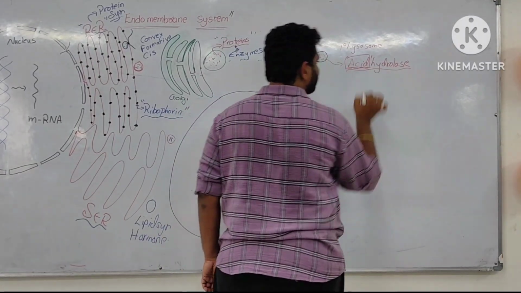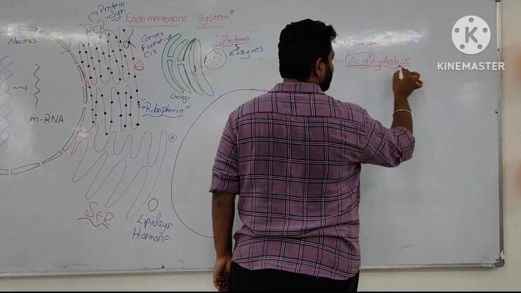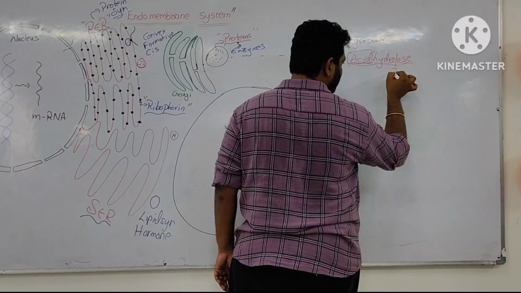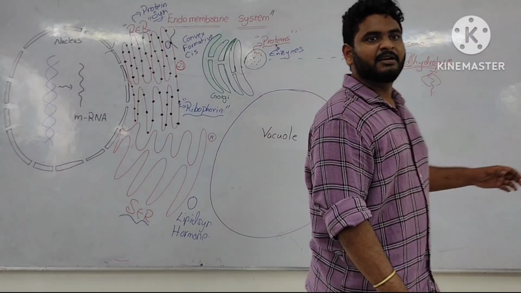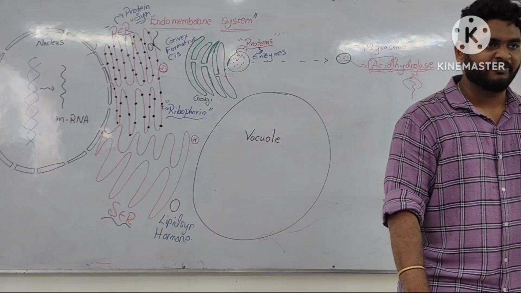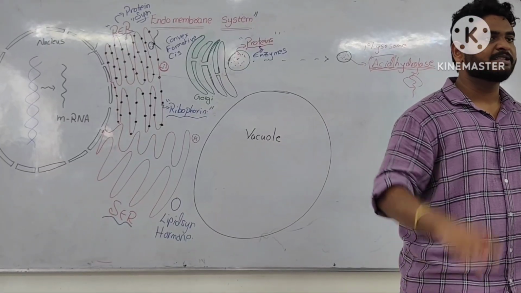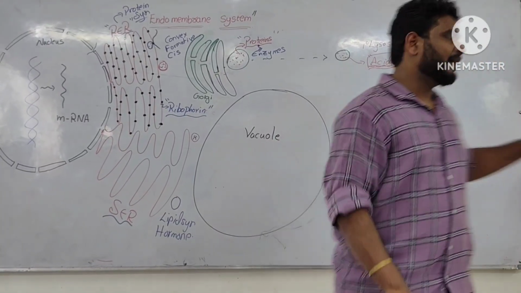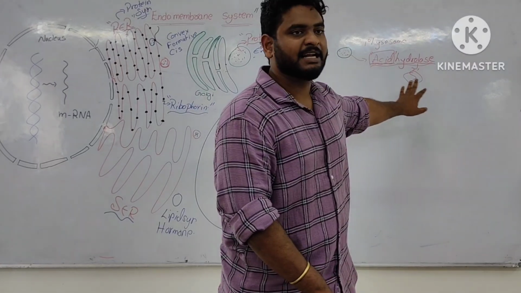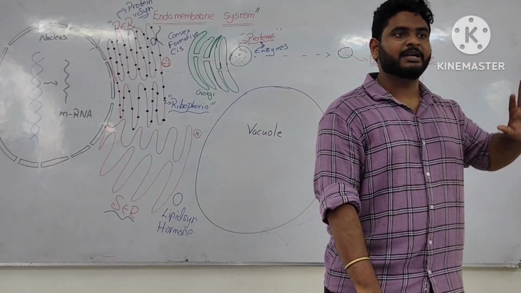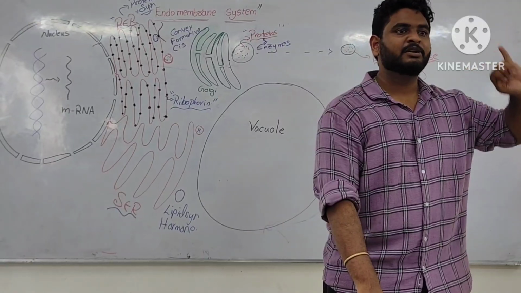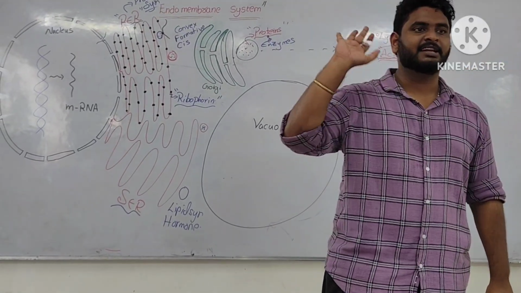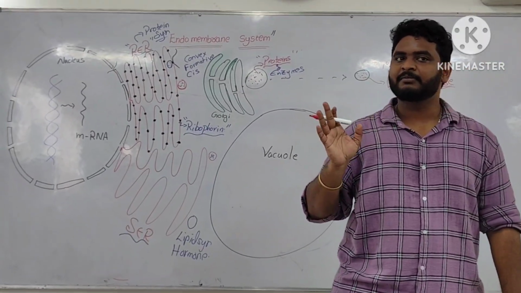In the presence of acid, the enzyme is able to cleave a molecule into its simpler forms. To understand it in a simpler way, these acid hydrolases have the capability to break down carbohydrates, proteins, fats, nucleic acids, etc., the entire cell. It can break down everything.